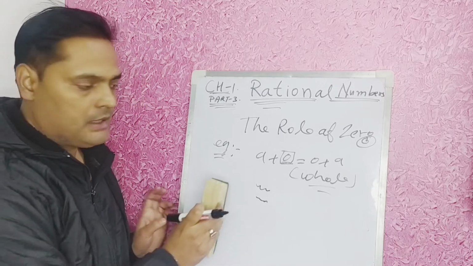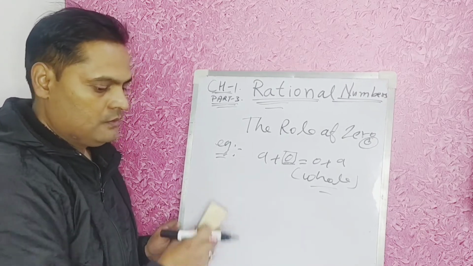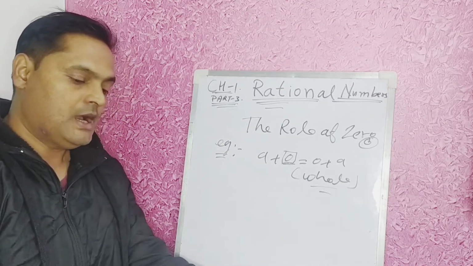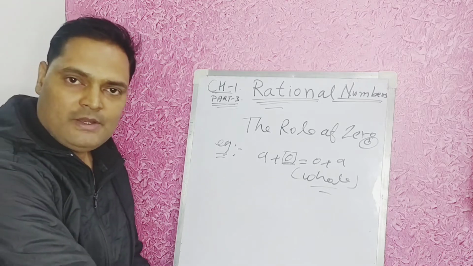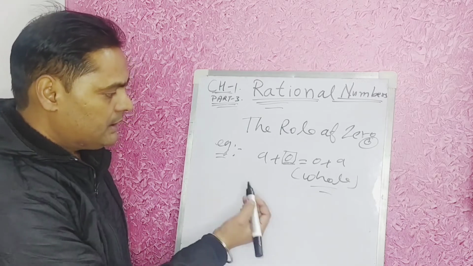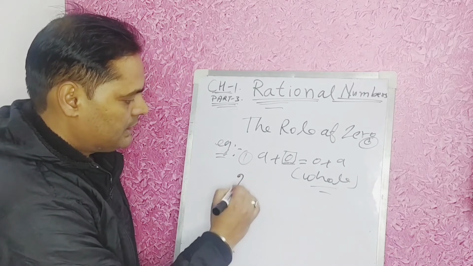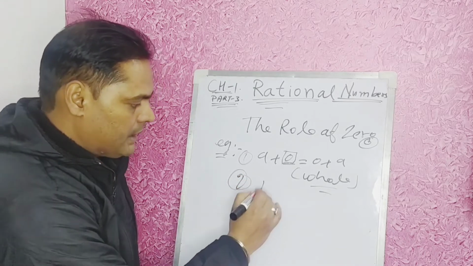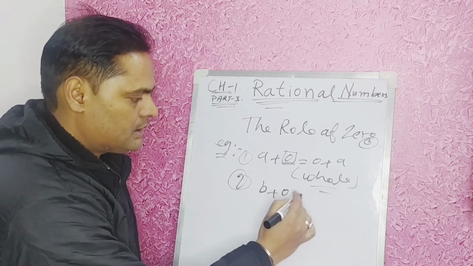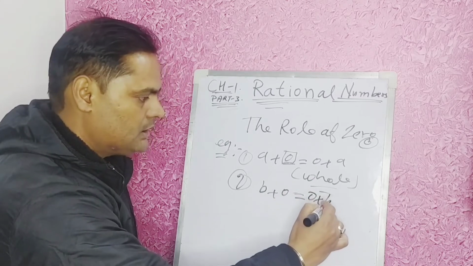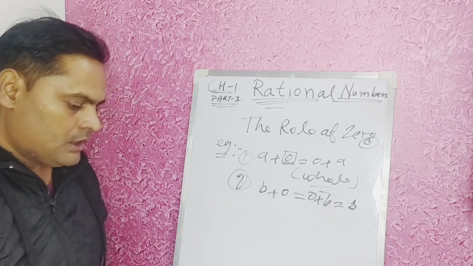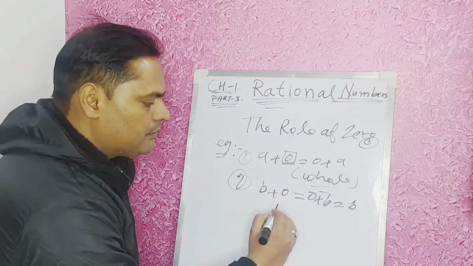I need not go into those topics again and waste time. If you have any doubt, you can comment and ask. Okay, similarly, the second example is b plus 0, or we can say, equals 0 plus b equals b. Anyhow, it's b. So this is the example for integers.